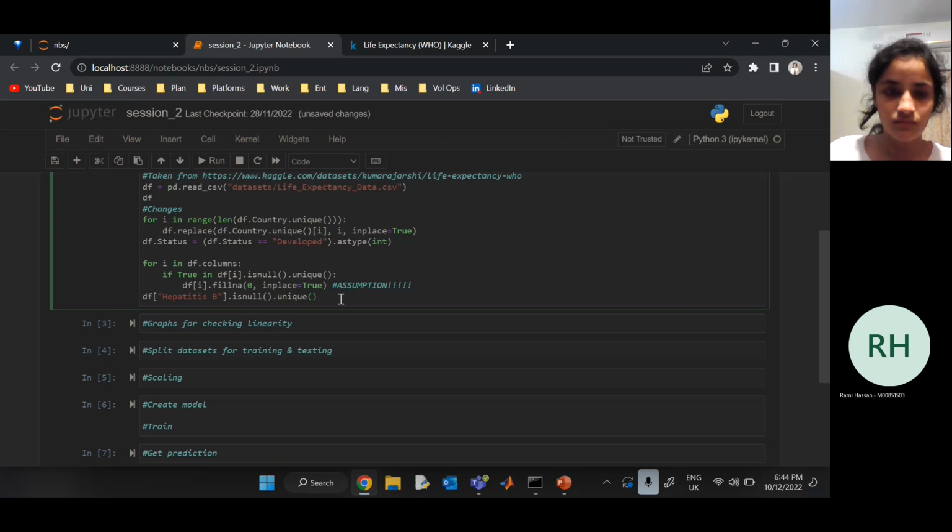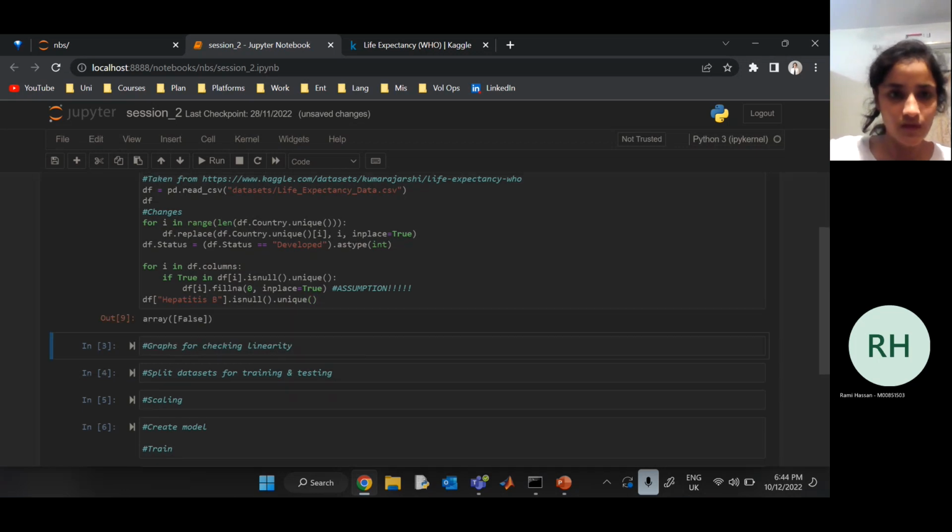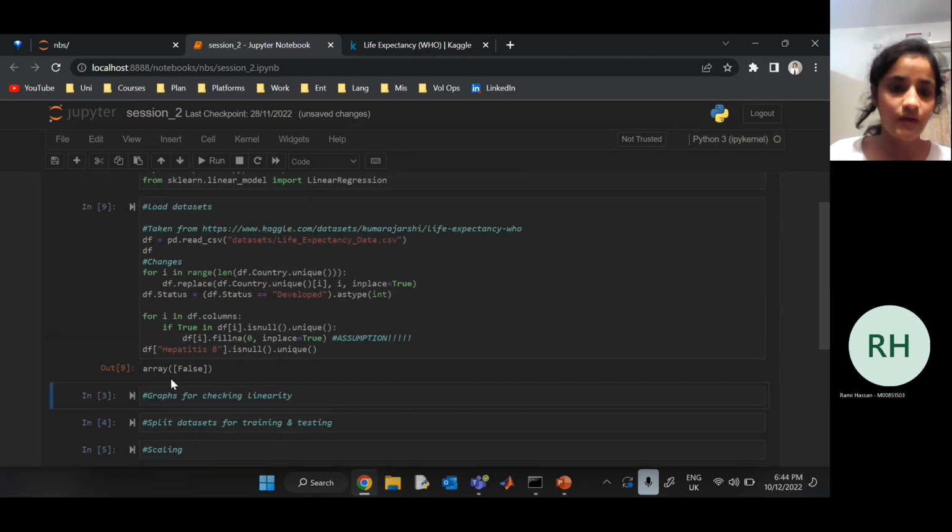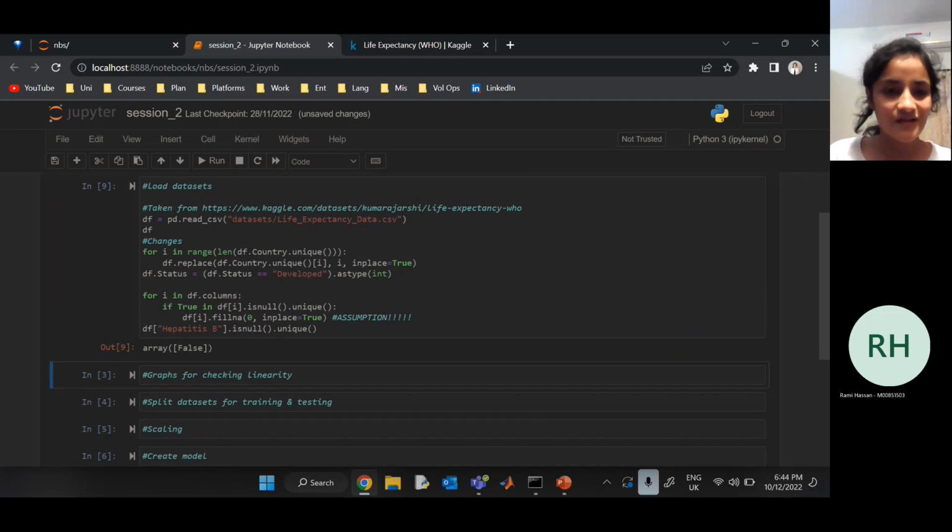Why isn't it running? Is that an error? Oh, right, it ran. It just took some time. Okay, so now after this step, I'm checking the same thing that we did last time, and now it's showing only false. So it means there are no trues inside. Okay, so we successfully made all the changes.